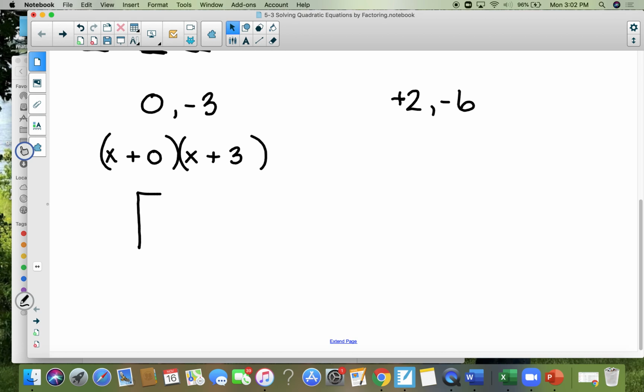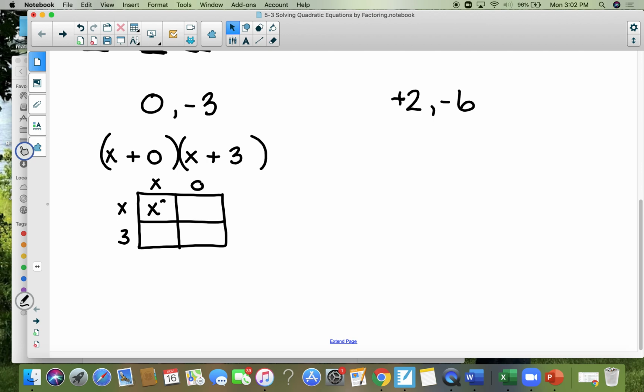You're going to make yourself a box. You can put the x and the 0 on here, and the x and the +3 down there. And now you're just multiplying again. X times x is not 2x.